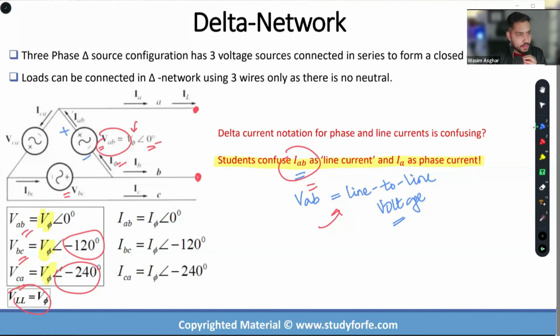In a delta network, our headache is not the voltages. Our headache is the currents, and I'll explain why. So what we see here is that VAB is equal to this, VBC is equal to this, VCA is equal to this.